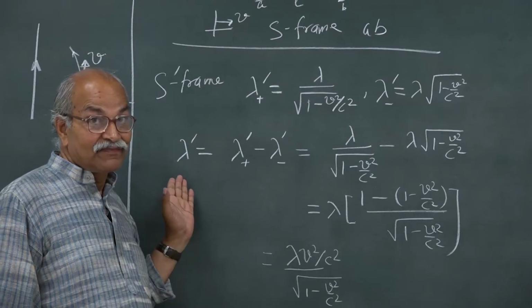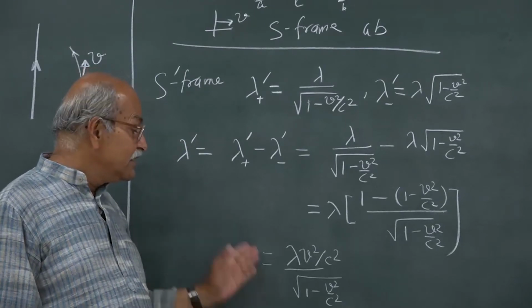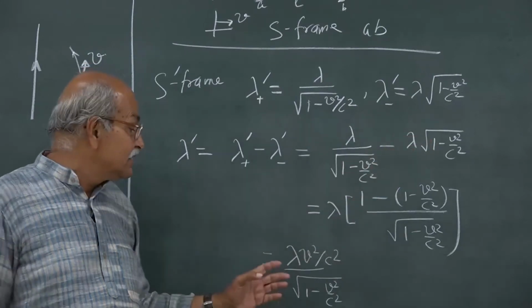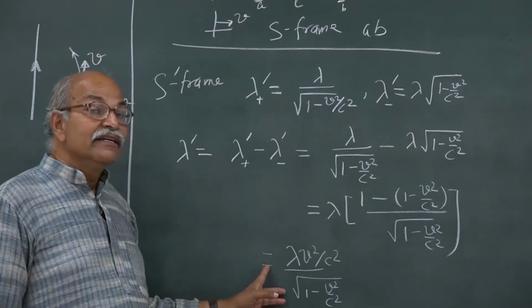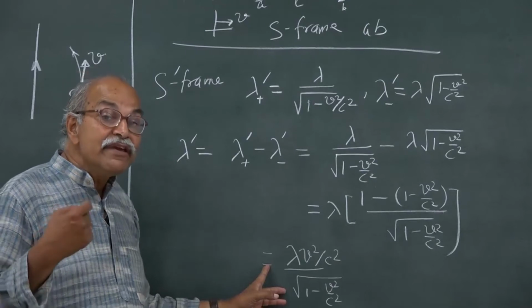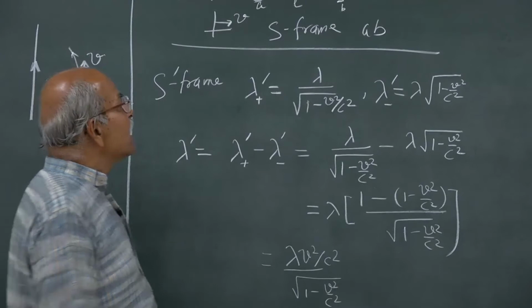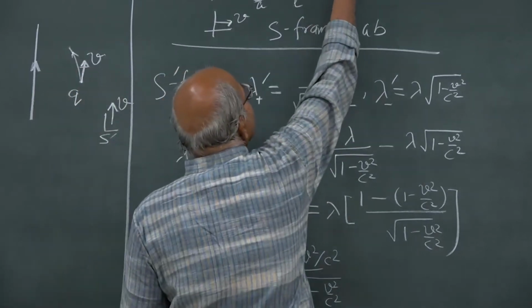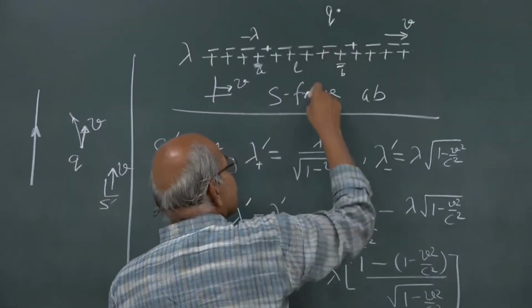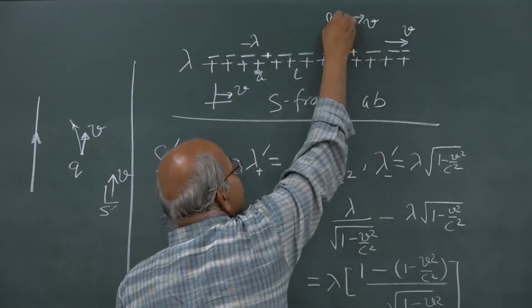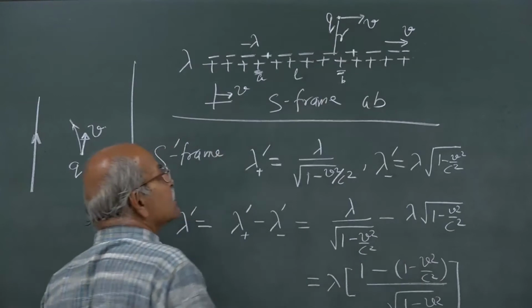Now, if there is a linear charge density, a long line charge, it will create an electric field. So, suppose I have a point charge q here, which in S frame moves with a velocity v at some distance, let us say r, from the line charge.